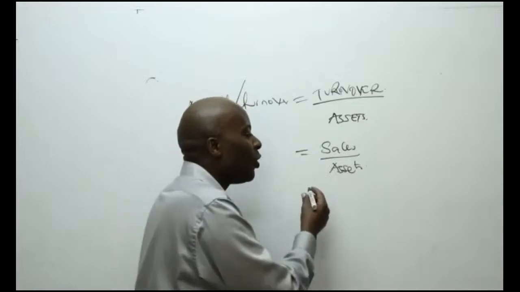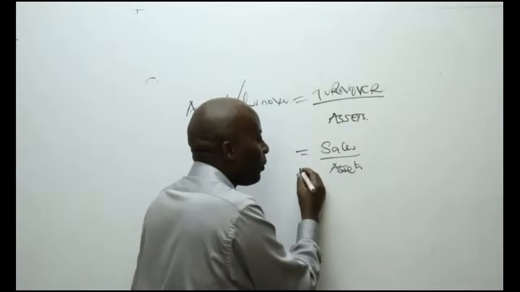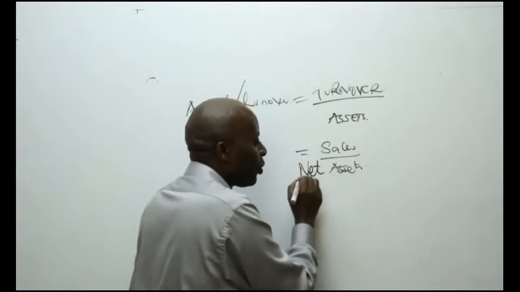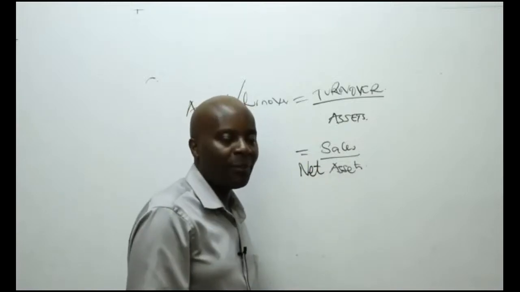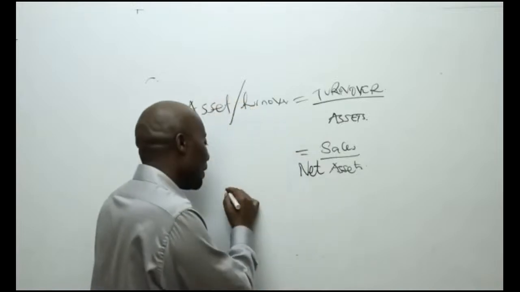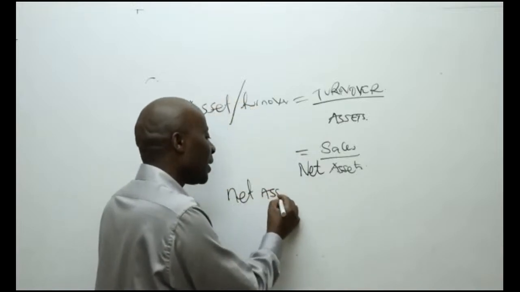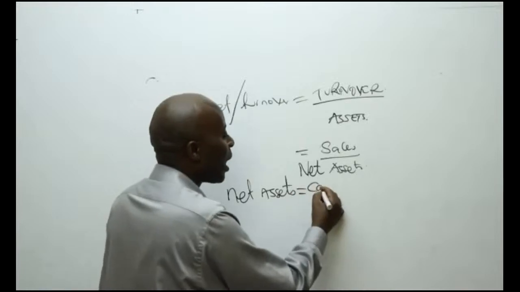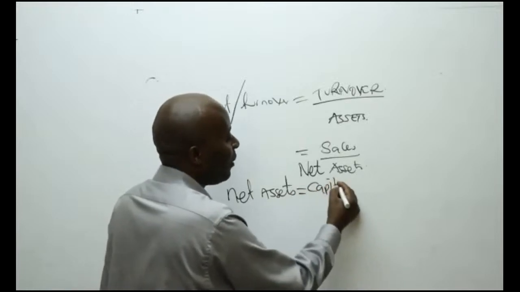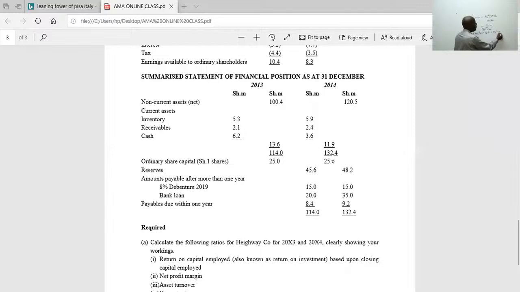And that is why for performance measurement we normally make use of what we call net what here? Net assets. Please don't forget that net assets are the same as capital employed.